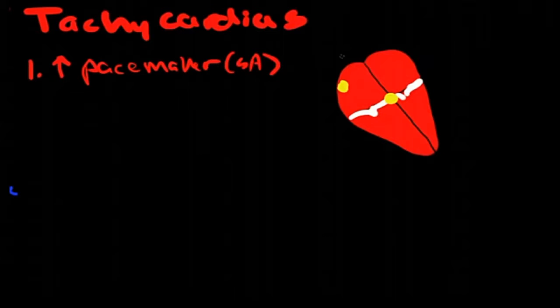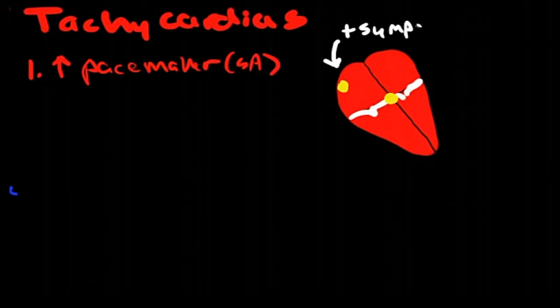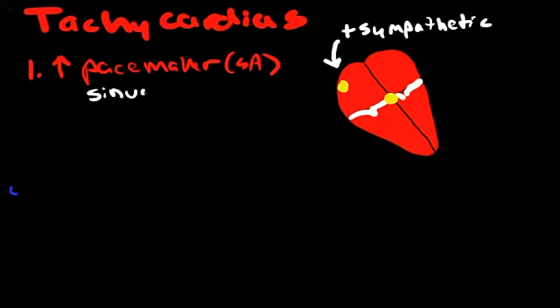Well, again, the most common cause is going to be input from the sympathetic nervous system, right? Fight or flight or exercise, things like that. That is going to naturally increase the heart rate, so that will cause what's called a sinus tachycardia, because it develops from the sinoatrial node.